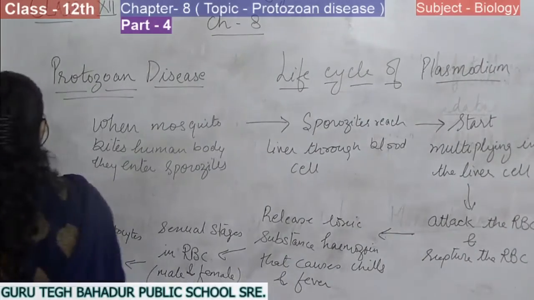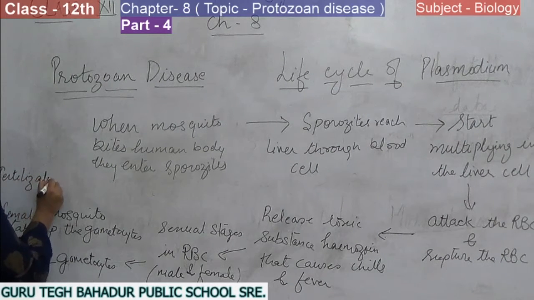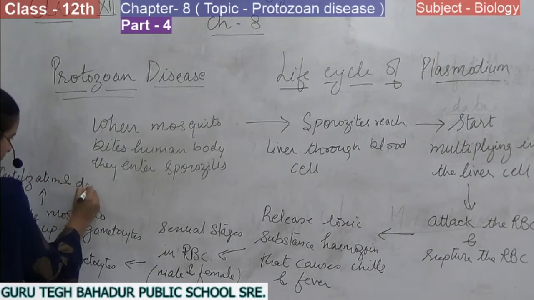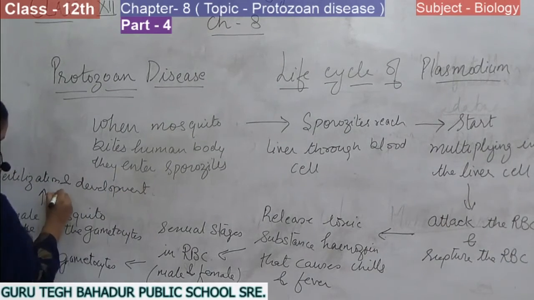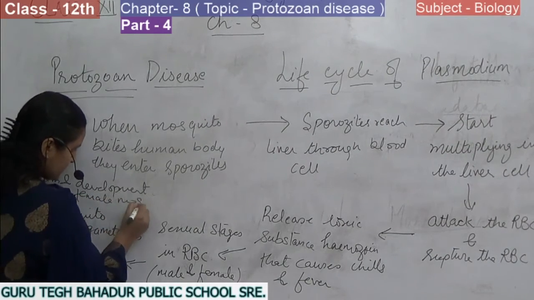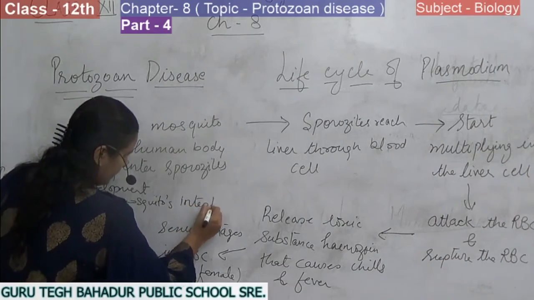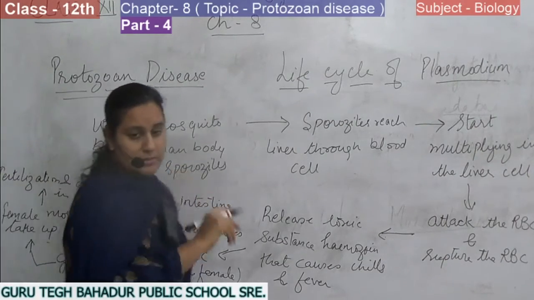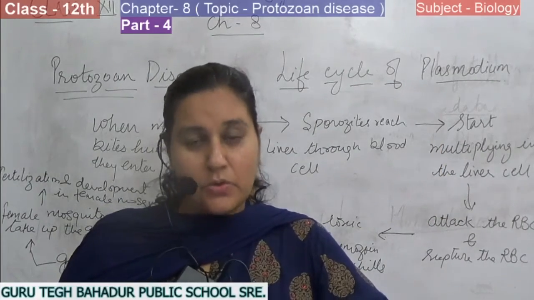So here in the female mosquito starts the fertilization and development, in the female mosquito's intestine.